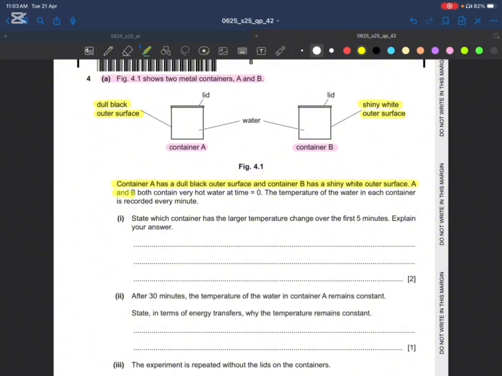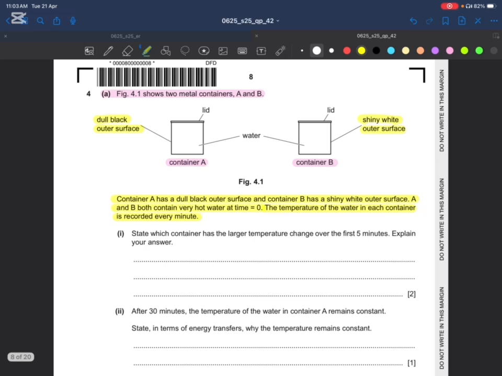A and B both contain very hot water at time t equal to 0. The temperature of the water in each container is recorded every minute. So what they are telling you is that in both containers you have water, very hot water, so the temperature is obviously very high at time t equals 0.